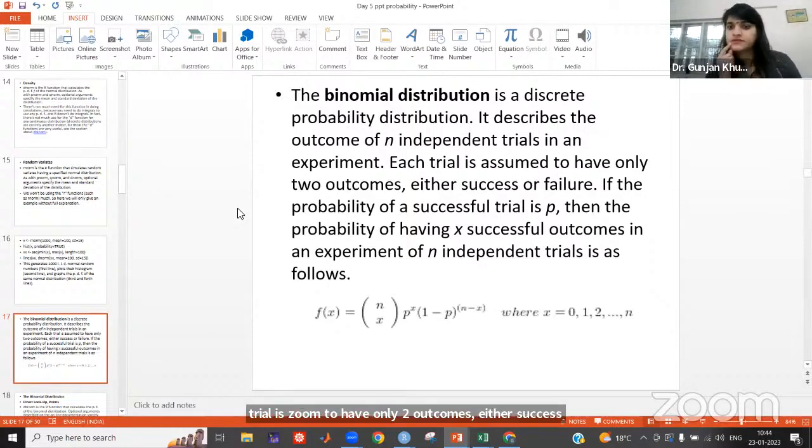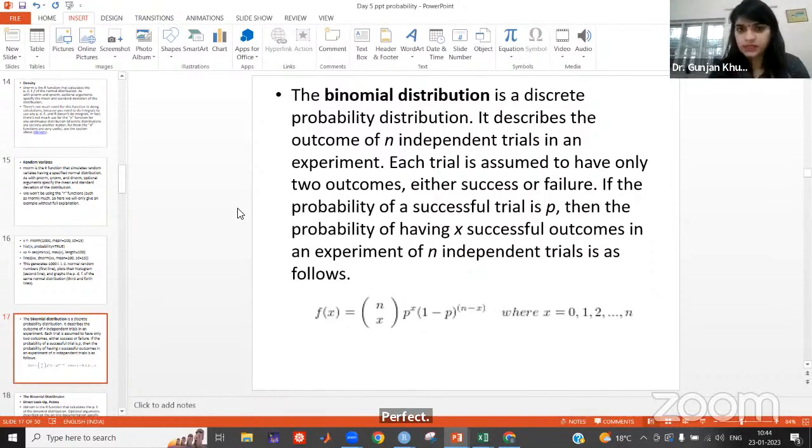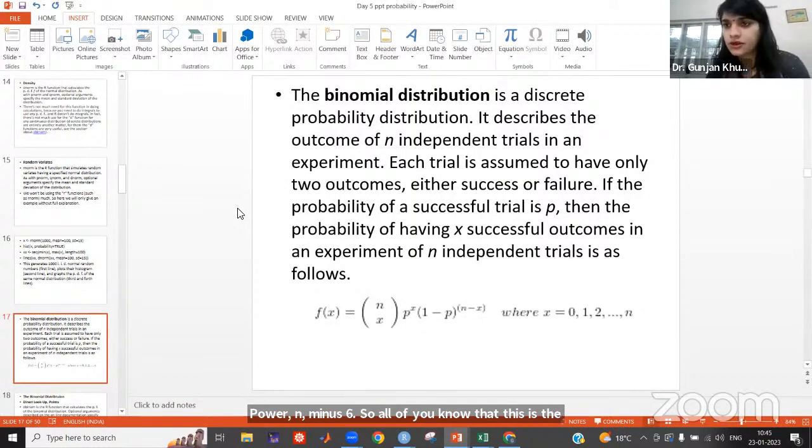If the probability of a successful trial is p, then the probability of having x successful outcomes in an experiment of n independent trials is given by nCx p to the power x, 1 minus p, or q, to the power n minus x. All of you know that this is the probability mass function, or discrete density function, of the binomial distribution, right?